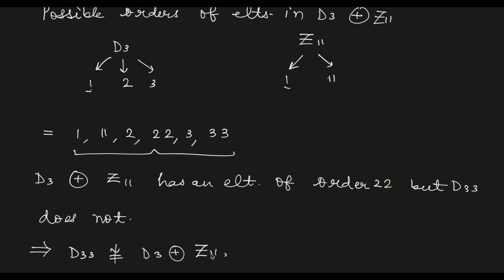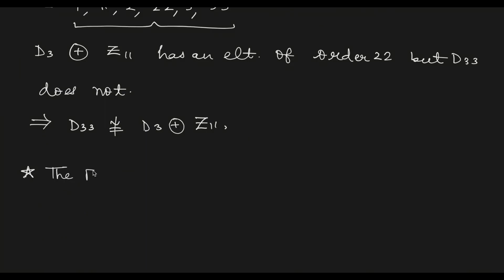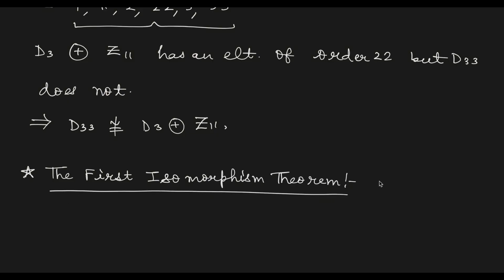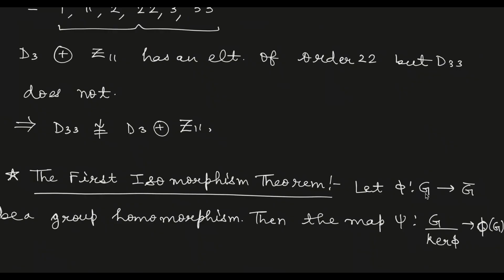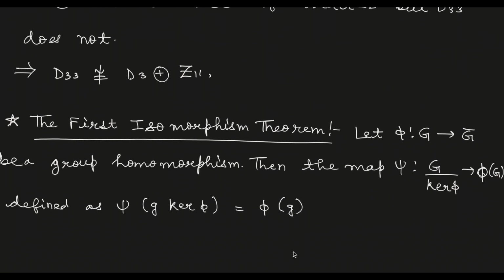Next, the first isomorphism theorem. Let phi mapping from G to G bar be a group homomorphism, then the map psi from G upon kernel phi to phi G, the image of this group G, defined as psi of G kernel phi equals phi G, is an isomorphism.